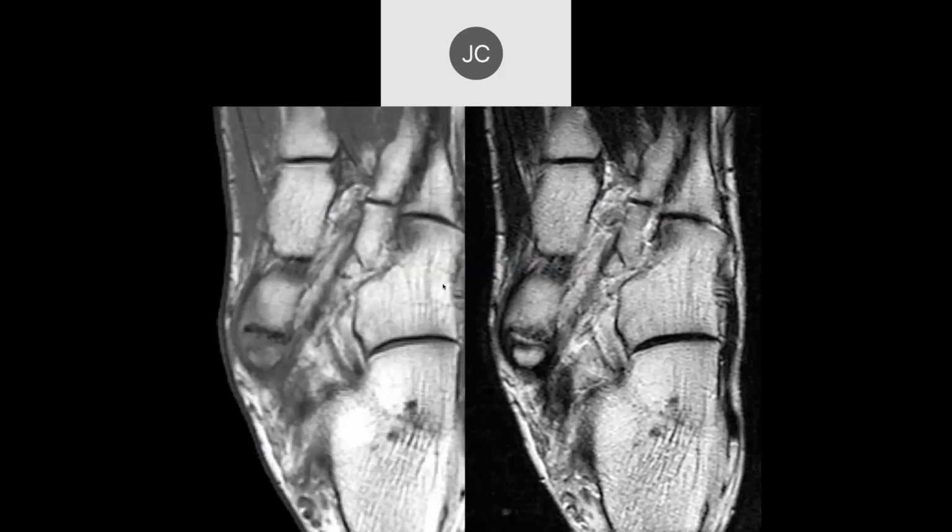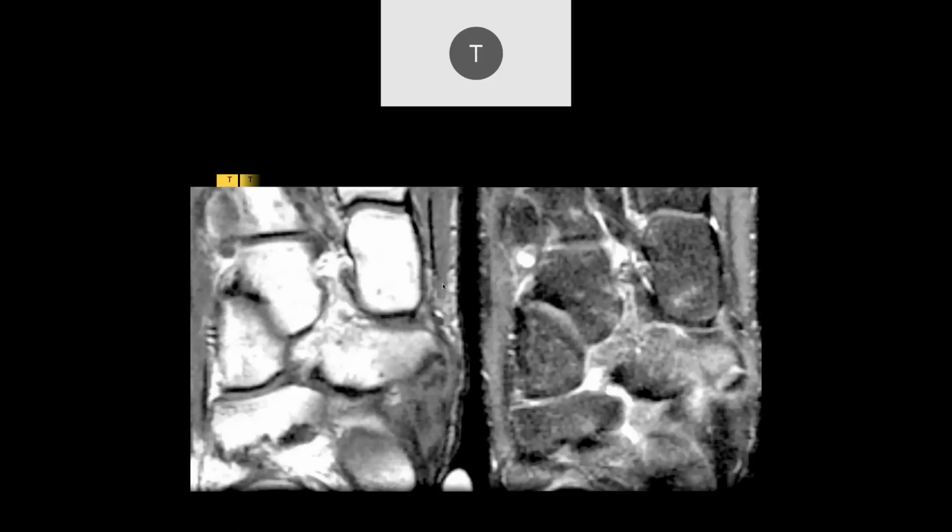Okay. All right. Tayson. I guess this is a type 2 os navicular with some degeneration at the synchondrosis. Okay, let's see. Here's what it looks like in the axial plane, with a lot of edema.